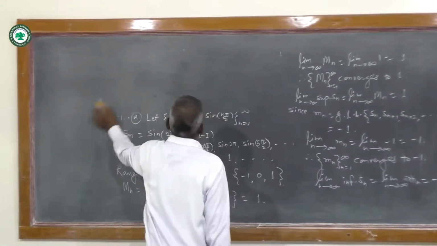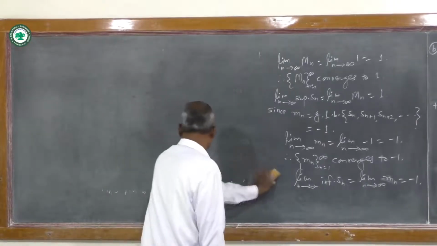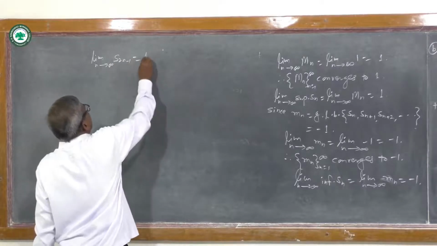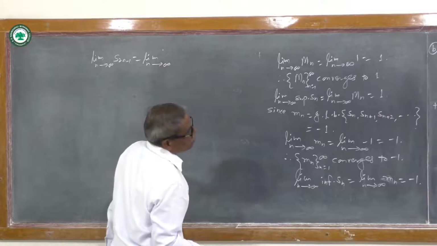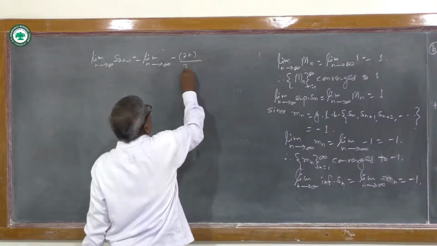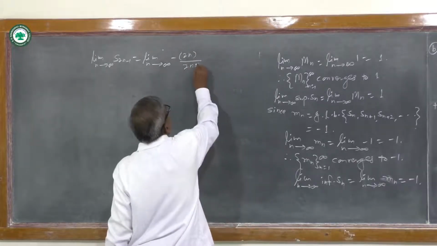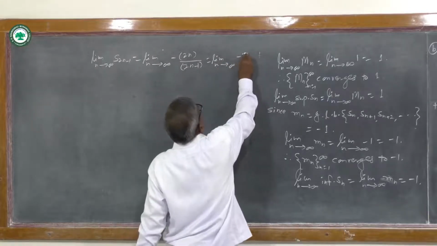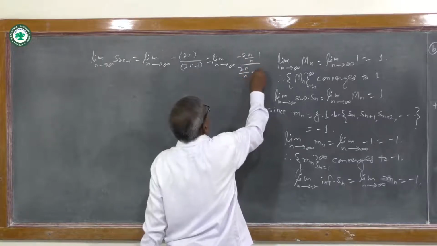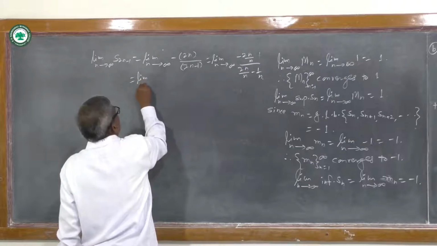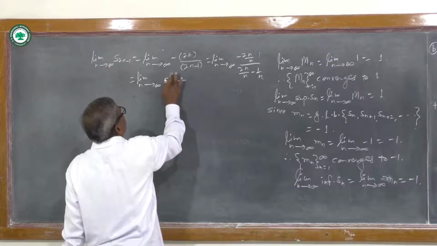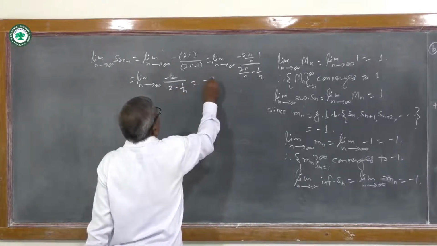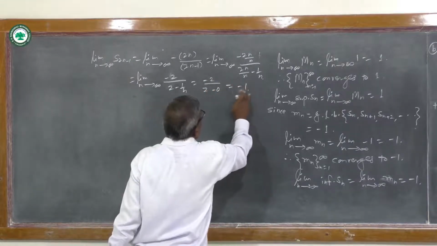That is, limit n tends to infinity of S suffix 2n minus 1 is equal to limit n tends to infinity of minus 2n upon 2n minus 1, which is equal to limit n tends to infinity of minus 2n by n upon 2n by n minus 1 by n, it gives minus 2 by 2 minus 0, which is equal to minus 1.